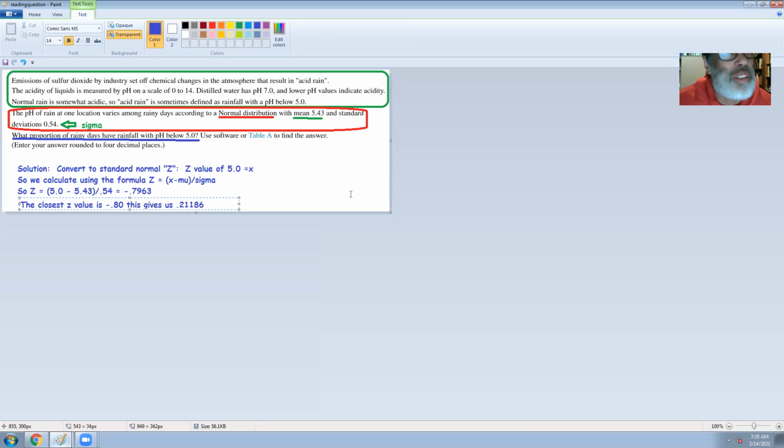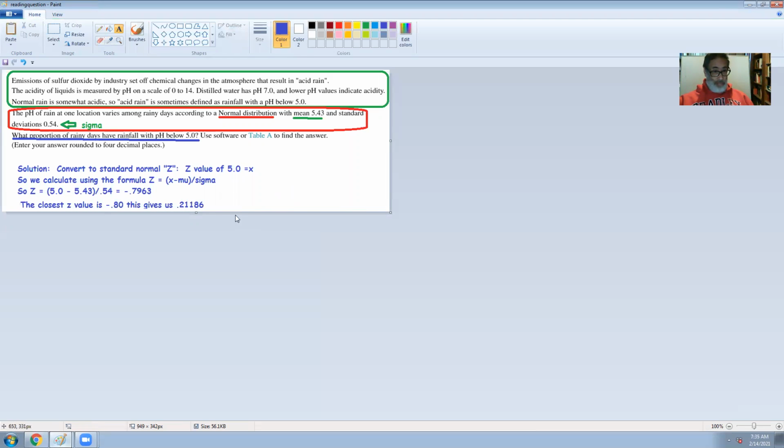So that rounds to 0.2119 or something like that. So that's the table way of doing it.